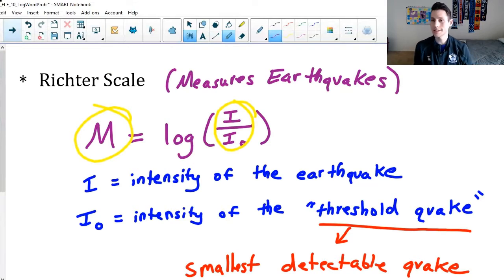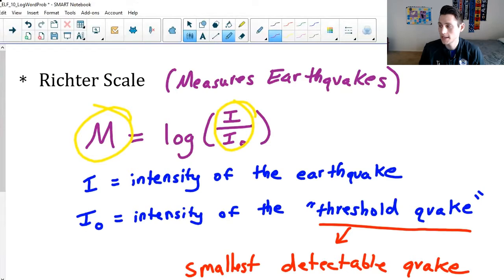Now, the threshold quake is like the smallest detectable earthquake that there could be, right? Because I don't know if you've ever seen a Richter scale readout. It's like the arm that scribbles back and forth, and whenever it's a really big earthquake, it scribbles really wide, or smaller, things like that. So that's measuring the quakes in the ground, the waves in the ground.